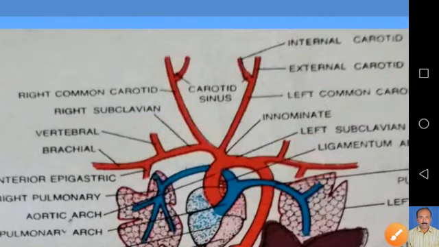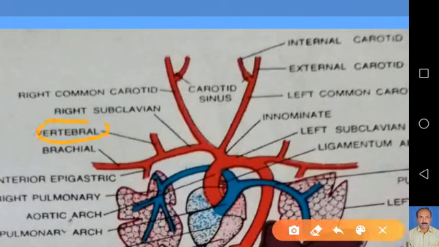Right subclavian artery runs outwards and gives off three branches. The vertebral artery to the vertebral column supplies blood to the brain and spinal cord.